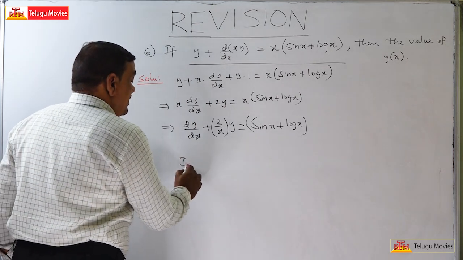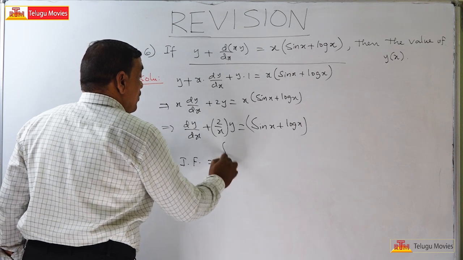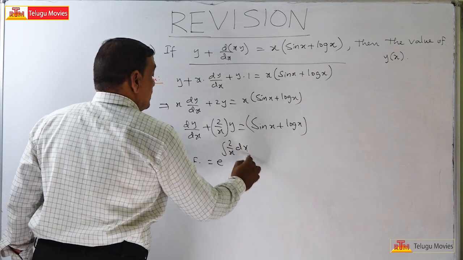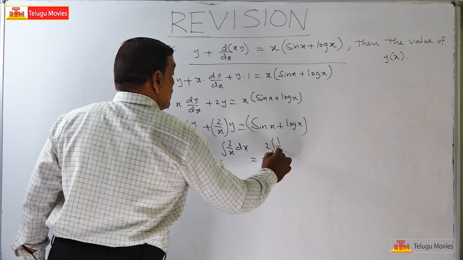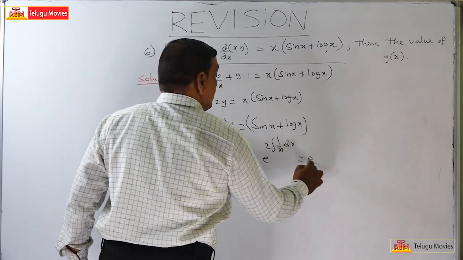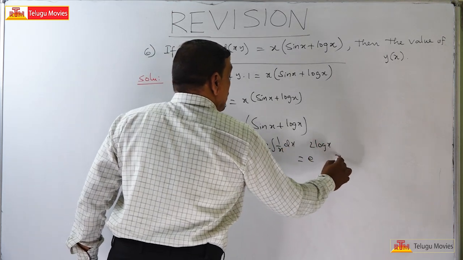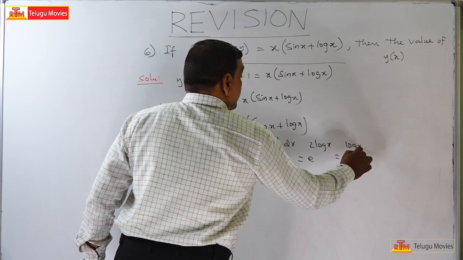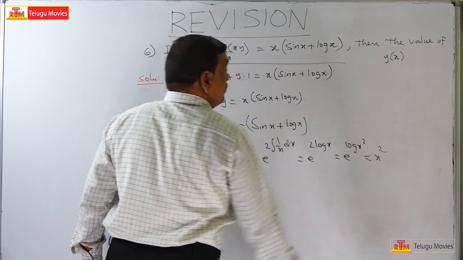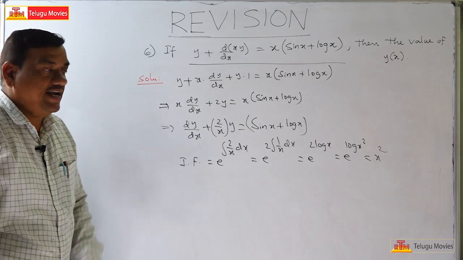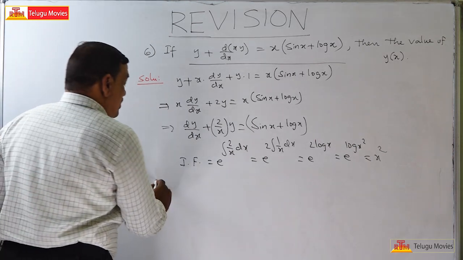What is the integrating factor? It is e power integral of 2 times 1 by x dx, e power 2 times log x, e power log x square. This is equal to x square. So the integrating factor is x square. Therefore, what is the general solution?